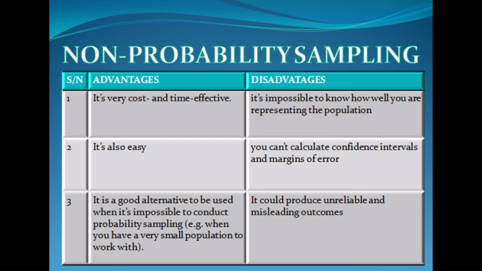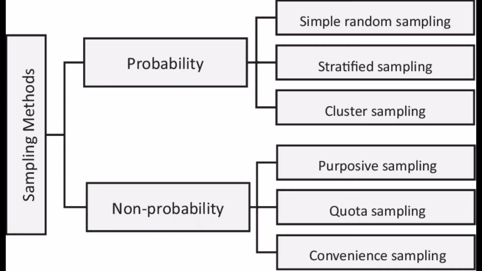All right, now let us look at the various types of sampling under each of these two categories. As you can see again from this picture, under probability sampling, we have three major types: the simple random sampling, the stratified sampling, and the cluster sampling.